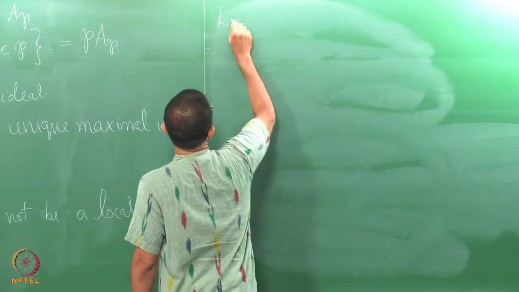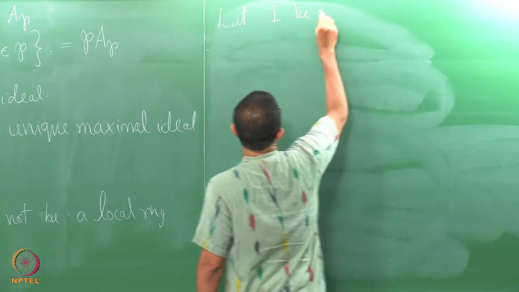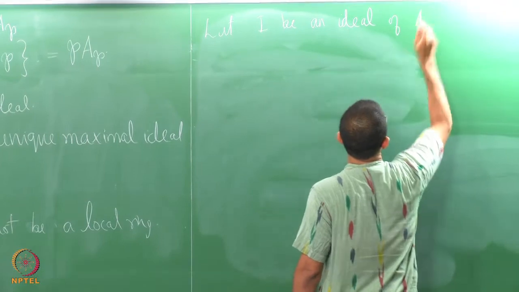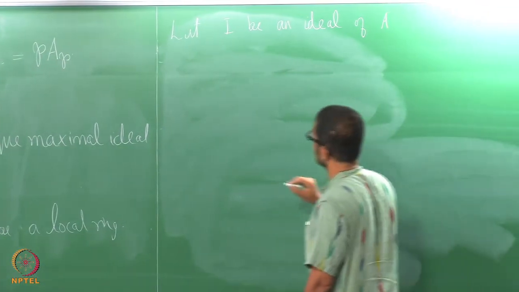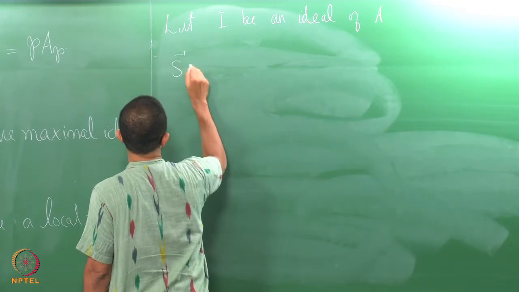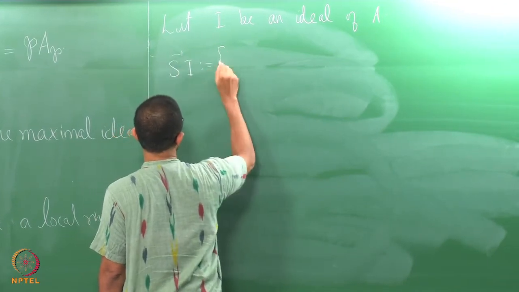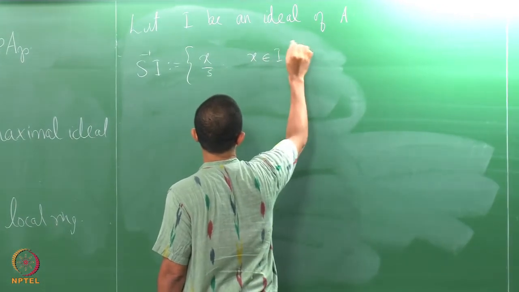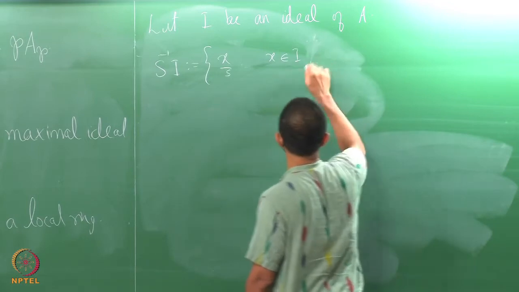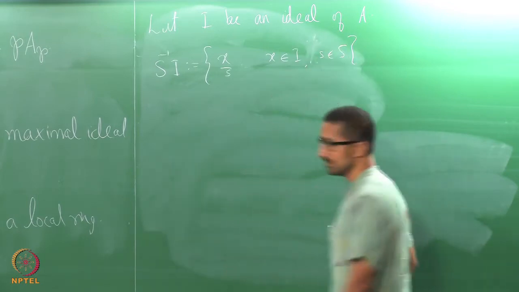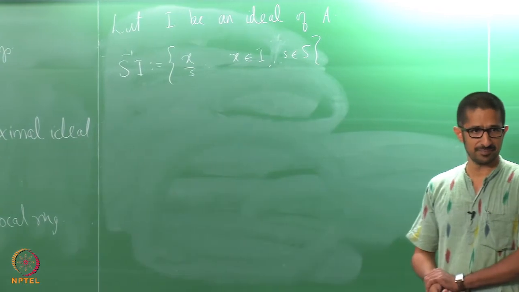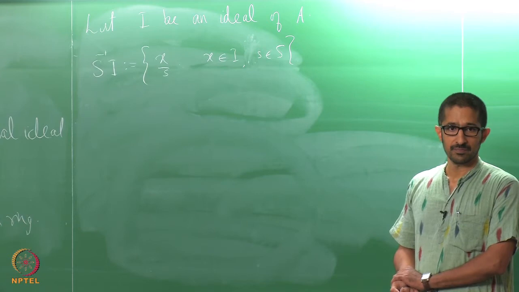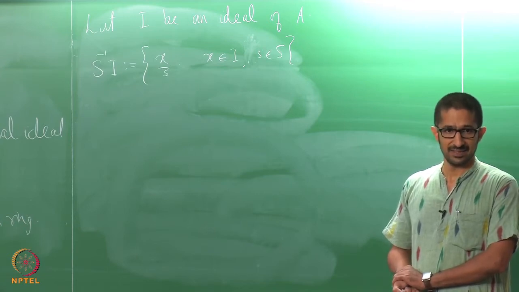To start with, let I be an ideal of A, and look at S inverse I, defined as the set x by s where x is in I and s in S. This is an ideal. Sir, why are you taking elements only like x by s? Why not a summation?